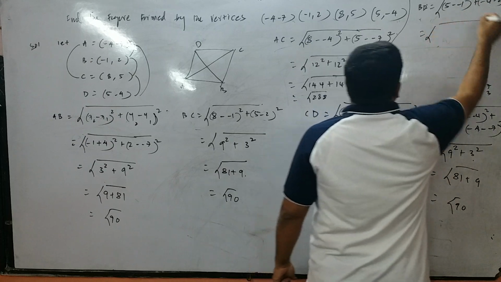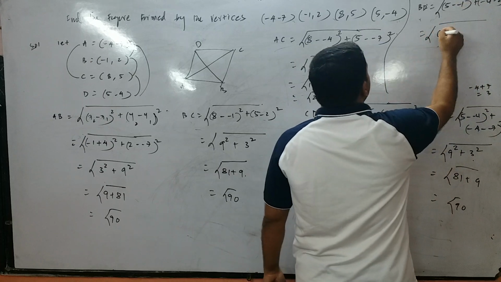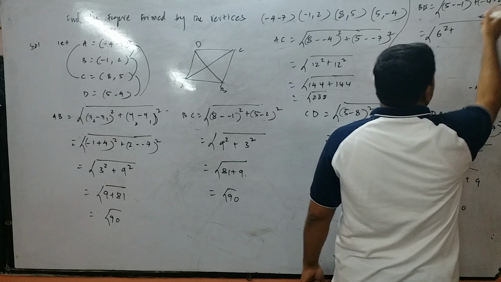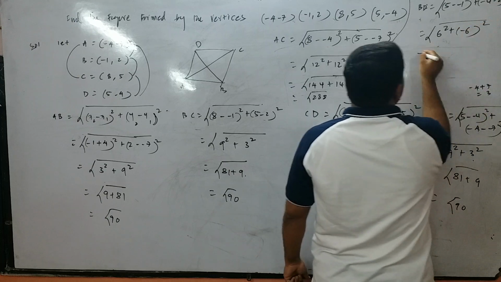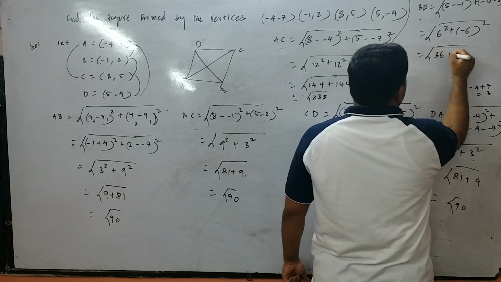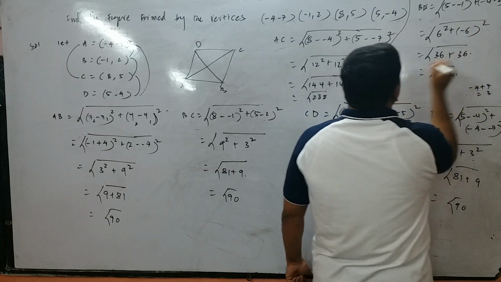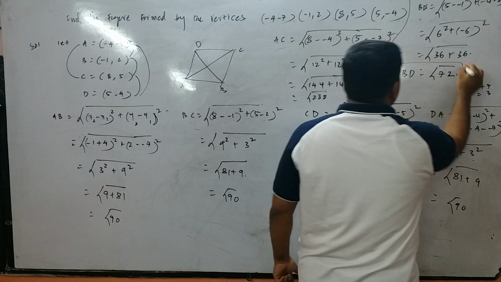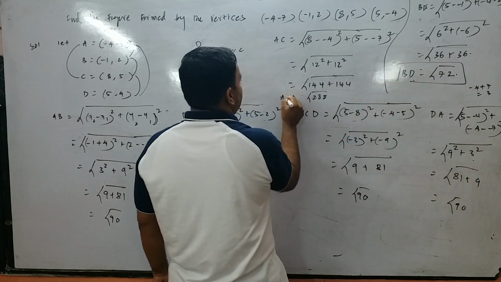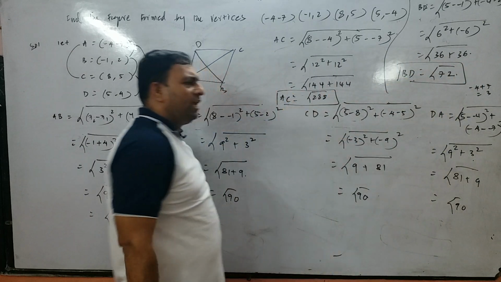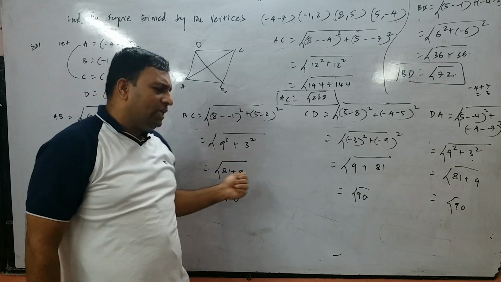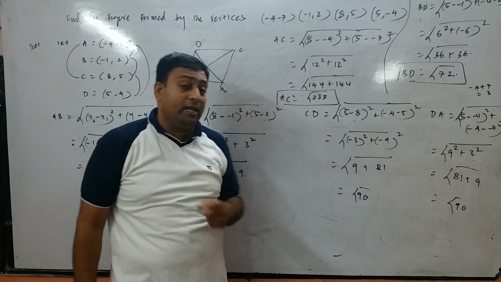So it is under root of, what is 5 minus 1? 6 square. Minus 4 minus 2 is what? Minus 6 square. 6 square is what? 36. 36 plus 36 is what? 72. So what you got is distance BD. What you got just now here, distance AC. Are the diagonals equal? They are not equal. So with these two criteria, I can declare that the given figure is a rhombus.